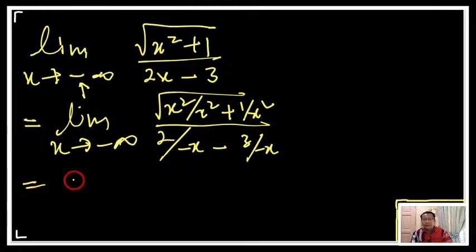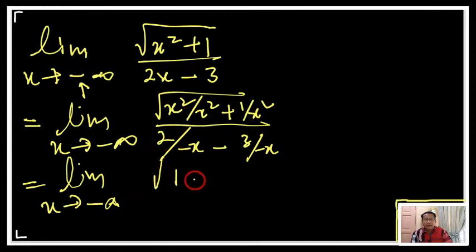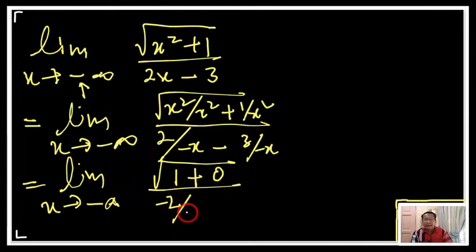Okay, so this will become limit x approaches minus infinity. So 1 plus 0, over minus 2 plus 3 over x. Sorry, I forgot x. Minus 2.